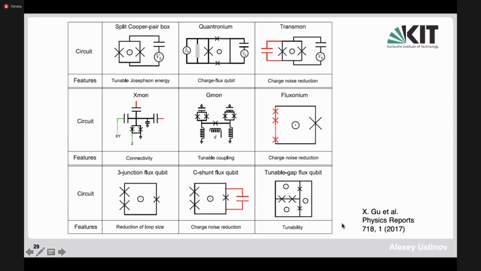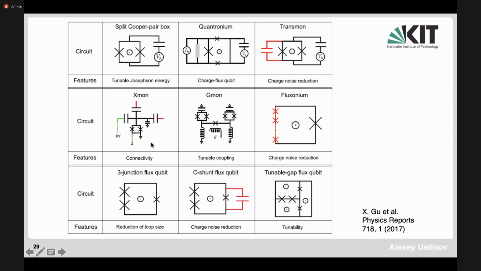So the classification of superconducting qubits can be looked at in different ways. This is a picture from the review paper in Physics Reports, which is one of the possible reviews to look up. There could be different names, of course.